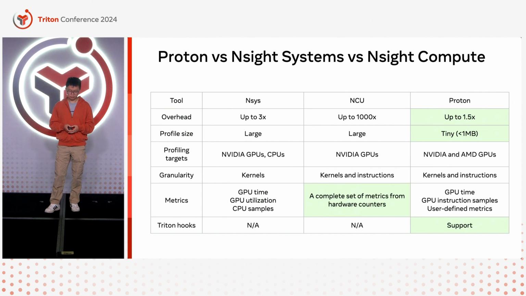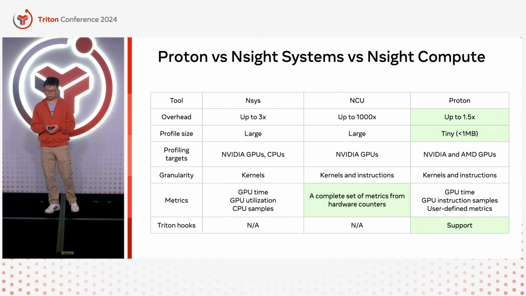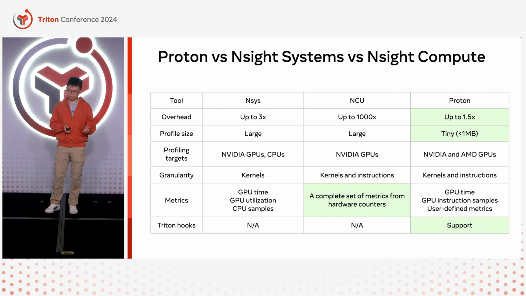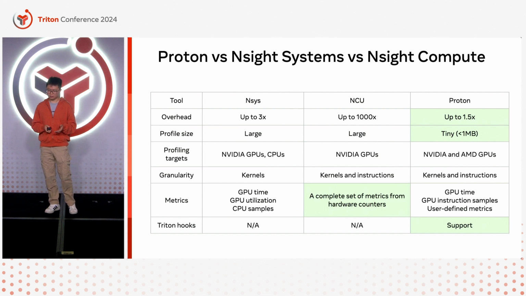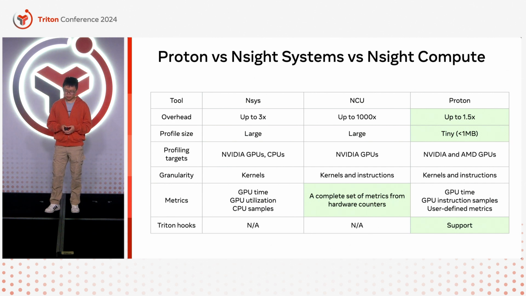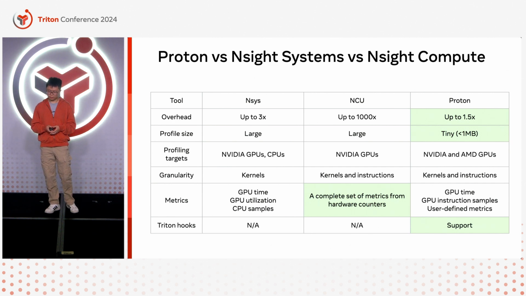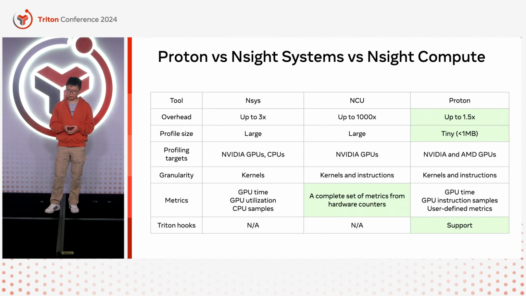Regarding the granularity, Nsight Systems profiles individual kernels, and Nsight Compute profiles kernels and instructions within kernels. Proton also has profiling functionality for both kernels and instructions. The next thing to compare is metrics. Currently, we support profiling GPU time, GPU instruction samples, and some user-defined metrics.